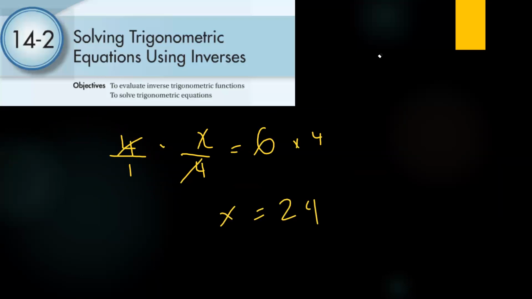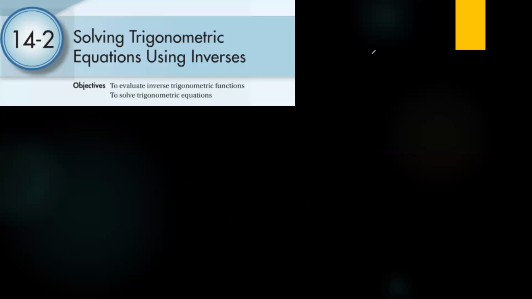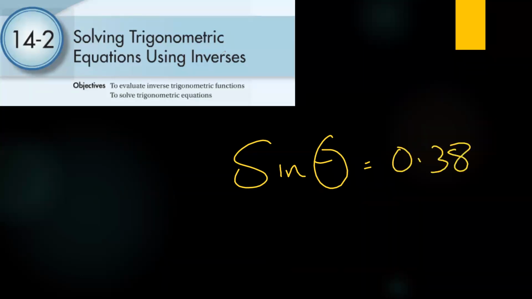So as we have for the logarithms, for the numbers, for the cubic roots, we have the same for the trigonometric functions. If you know that sine of any angle is 0.3, as an example, how do you find this angle, this theta? You will use the inverse.